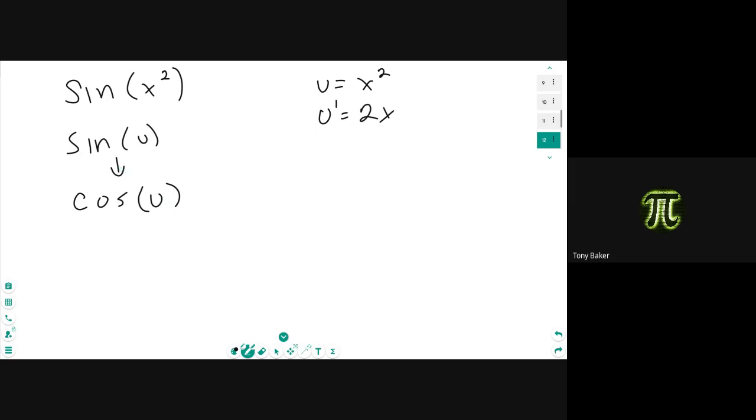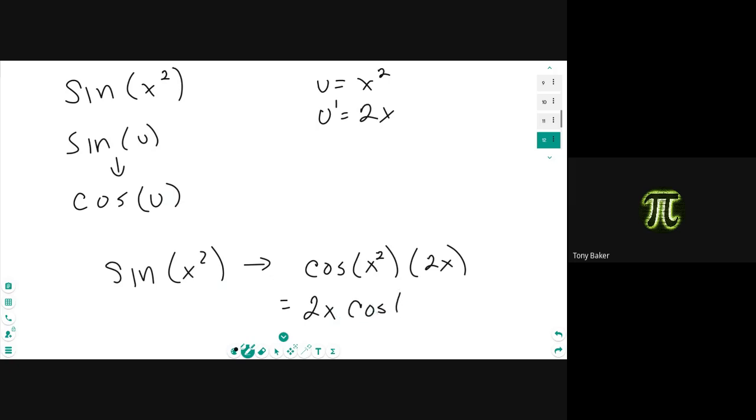Okay. So the derivative of sine x squared is cosine of x squared times 2x. Or the better way to write it would be 2x cosine of x squared. So it's the derivative of the inside piece multiplied by the derivative of the function if that inside piece didn't exist.